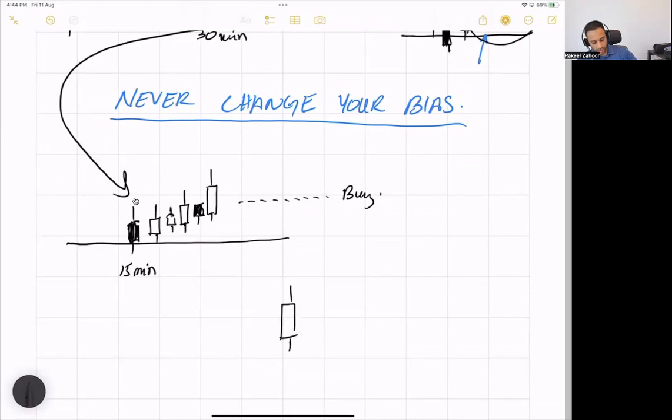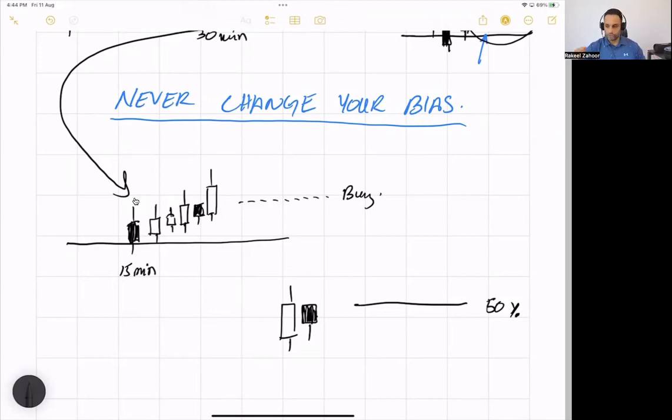I'm going to draw the zoomed in candles, right? So let's say you have a 15-minute and the next 15-minute closed bearish. Once the next 15-minute closed bearish, this is where you closed 50%. You closed 50% because you're like, okay, I took a buy, but price closed against me. So I learned whenever a candle closes against me, I got to close 50%.